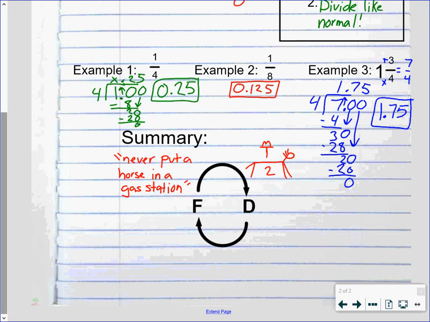So our 1 would get off and go into the gas station, and the 2 is going to stay outside. And then when you're converting decimals to fractions, it is important to remember to say it, write it, and simplify it. Like a little song, say it, write it, simplify it.